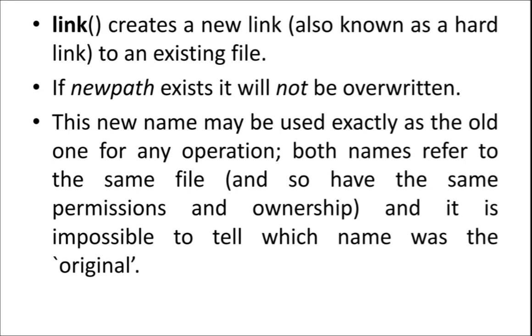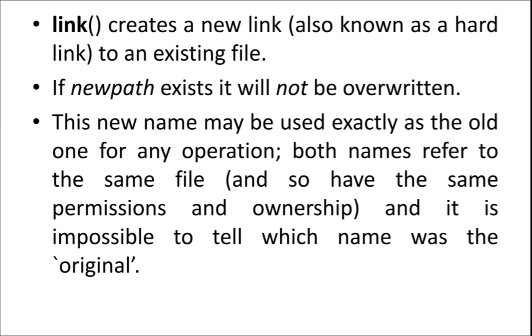So hard link means that for the same file you can create any number of links. If you create the links using the Link API, the hard link count will be affected, obviously. For one file I can create any number of paths. I can store the same file in different places with different path names. That is possible using Link API.